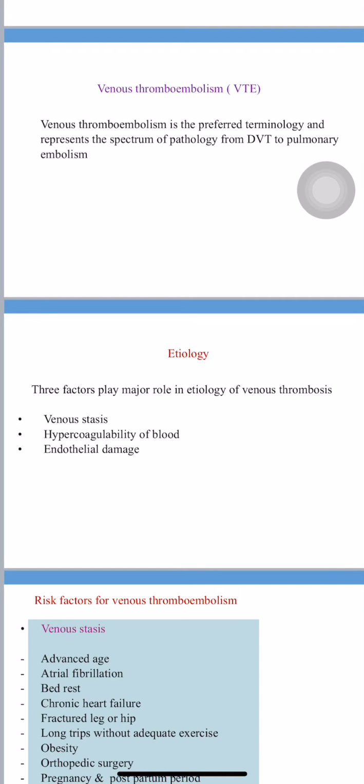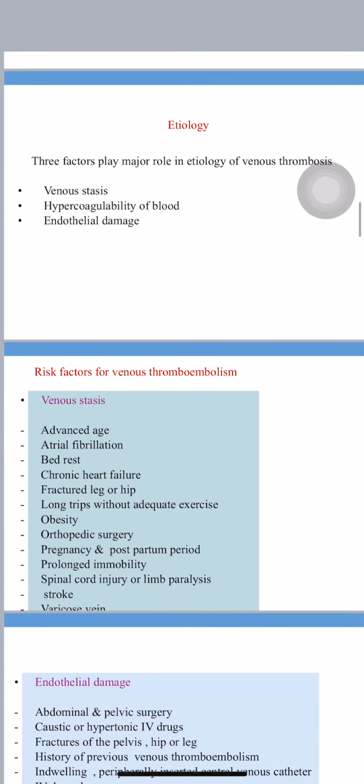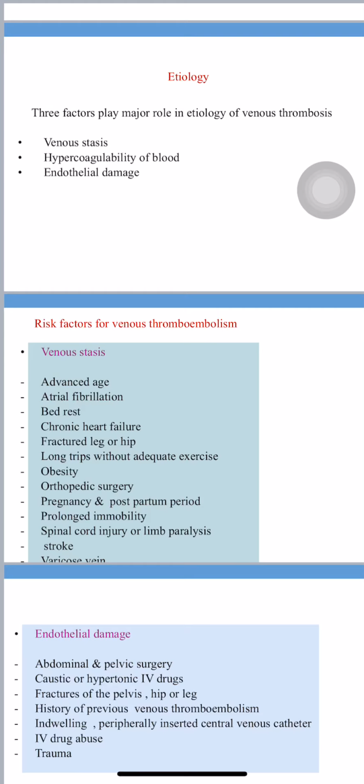Next we will see the risk factors for venous thromboembolism. Under venous stasis: normally the venous blood flow depends upon the action of muscles in the extremities and also the functional adequacy of the venous wall. Venous stasis occurs when the walls become dysfunctional or the muscles of the extremities are inactive.